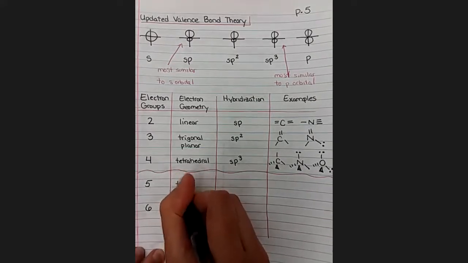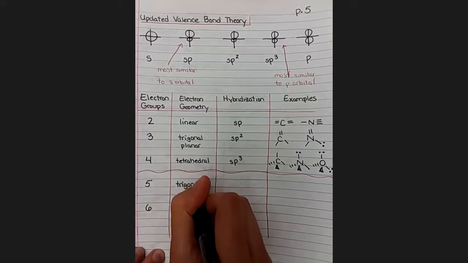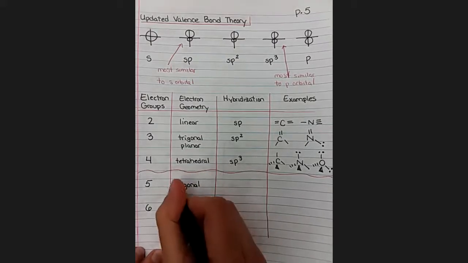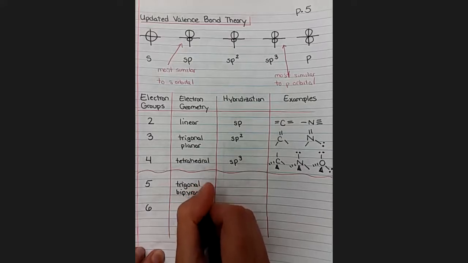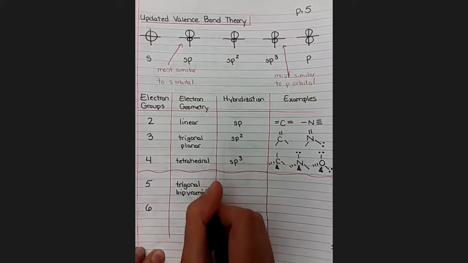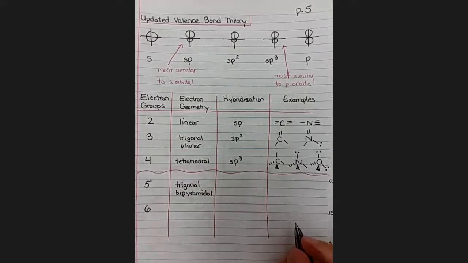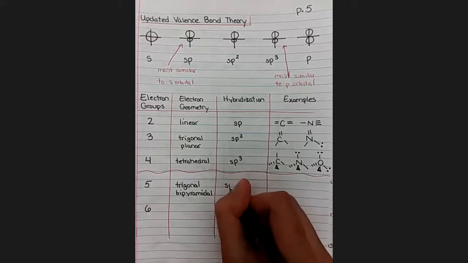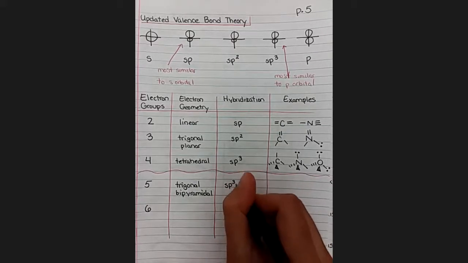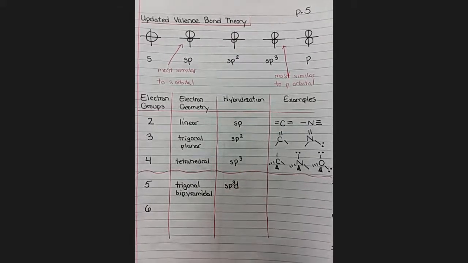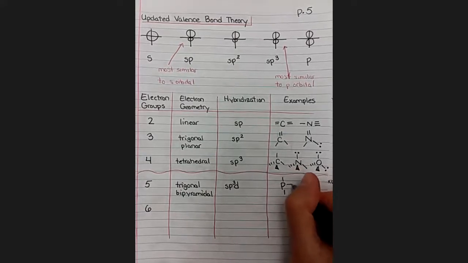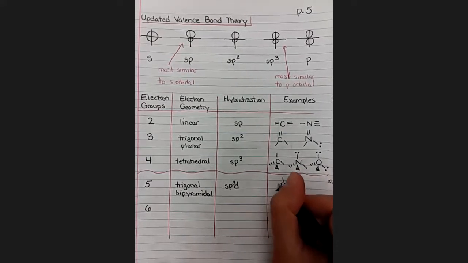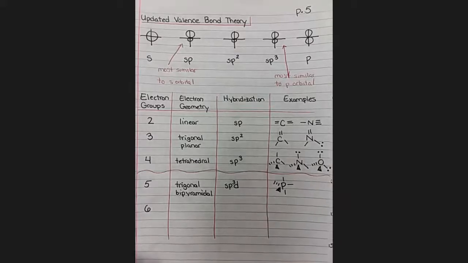So if we want to explain our 5-membered electron geometry, called trigonal bipyramidal, we're going to need a 5th atomic orbital in the valence shell, and so we need to pull in the d orbital in that shell. And we can use that to explain things such as phosphorus. That's an example of an atom that might be seen taking 5 bonds.